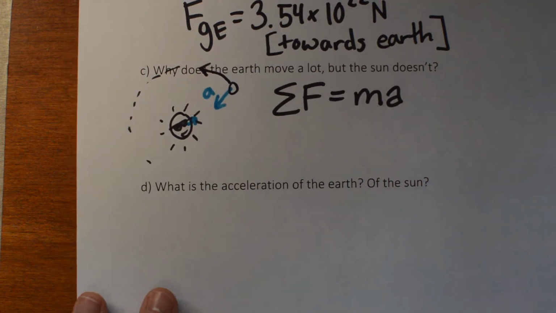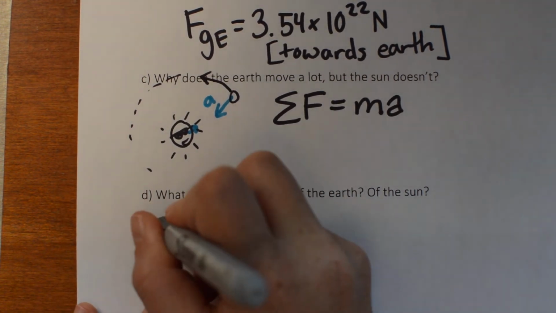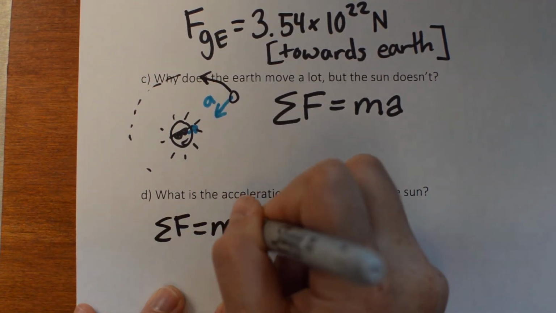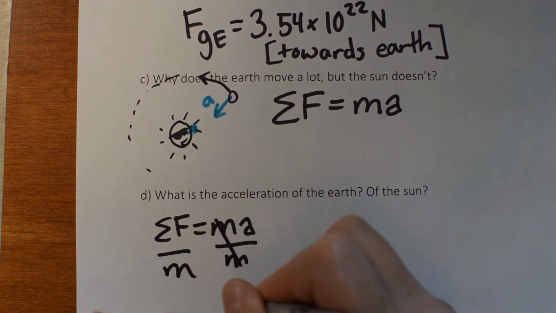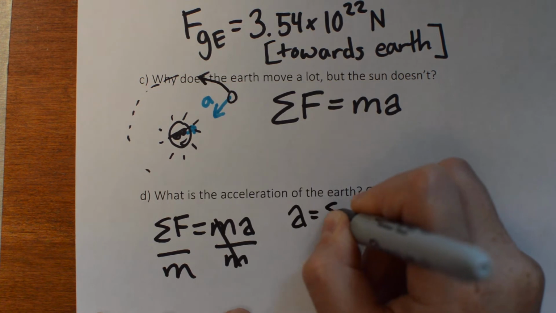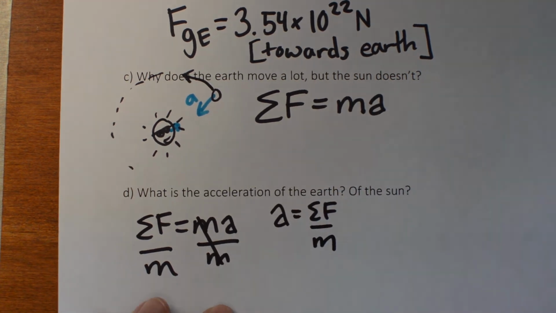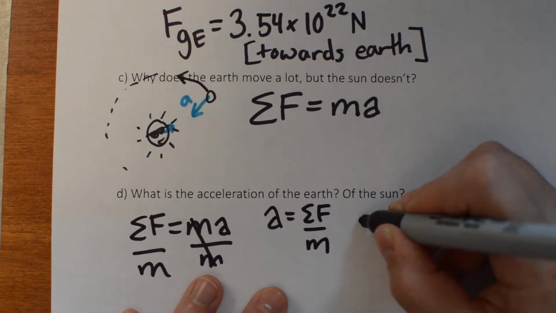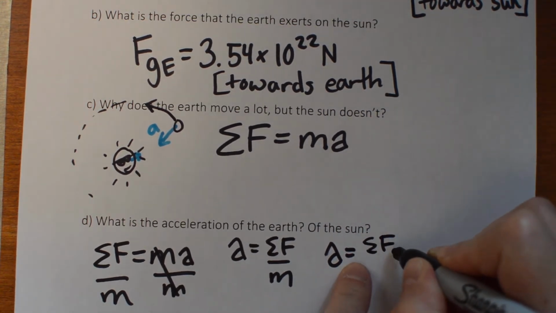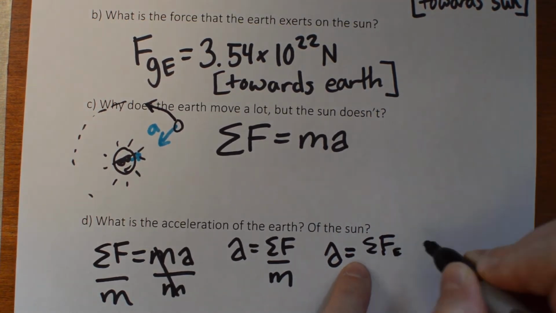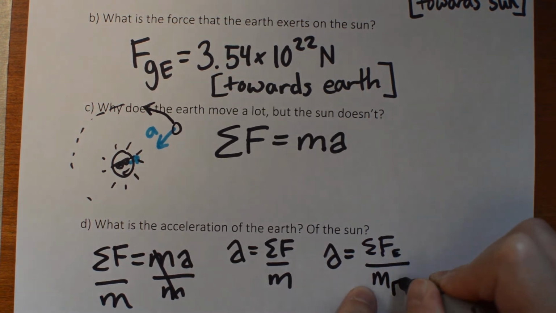Let's actually just quickly calculate those. If the net force is mass times acceleration, I could divide by mass on both sides and get the acceleration, right? So acceleration is net force over mass. For the Earth, I'll do that one first. So acceleration will be the net force on the Earth divided by the mass of the Earth.